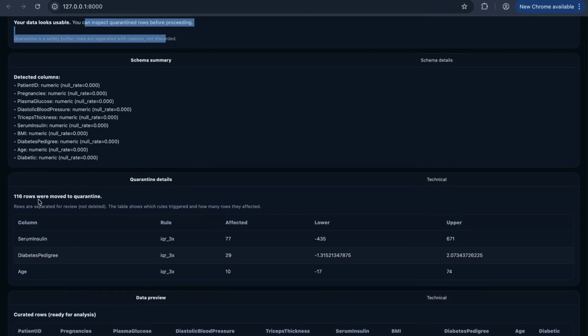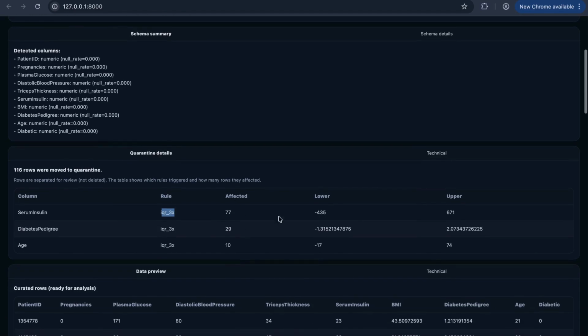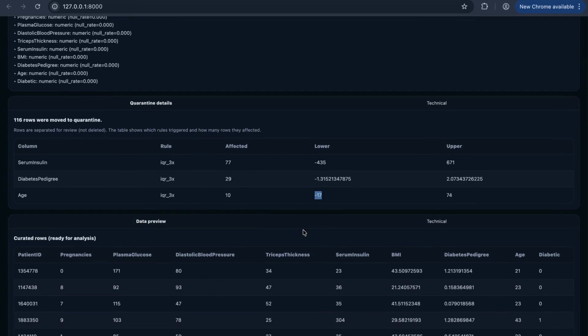We also have more information about the quarantined data: what columns are involved, what kind of interquartile rule we are using, how many rows are affected, and the lower and upper bounds. For example, there are some ages that are minus 17, which is not realistic.